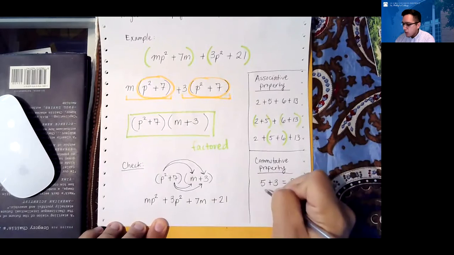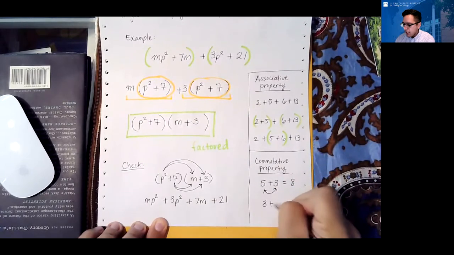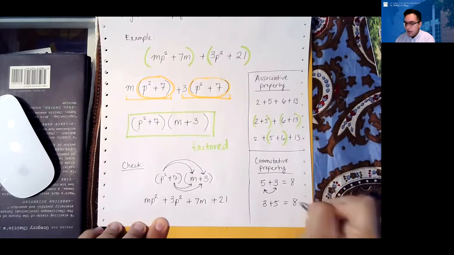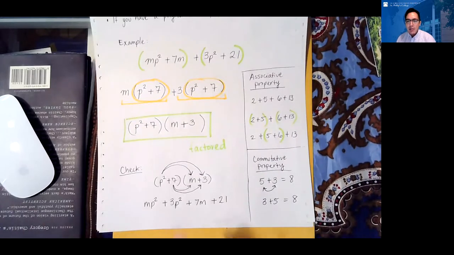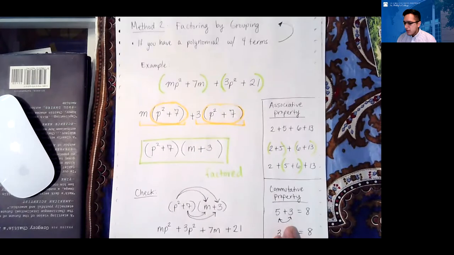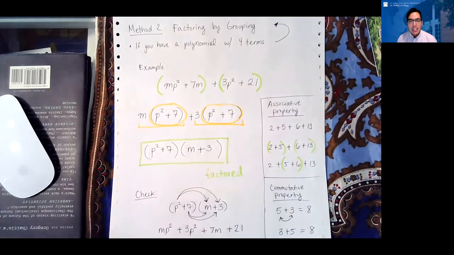If I change the order of that addition, though, 3 plus 5, it doesn't change the result. So even with polynomials, if you rearrange the terms, the result's not going to change. So this is equivalent to what we started out with, which means that this factorization is correct.